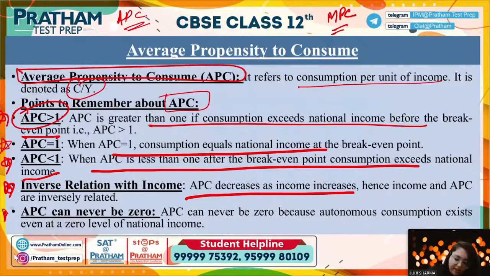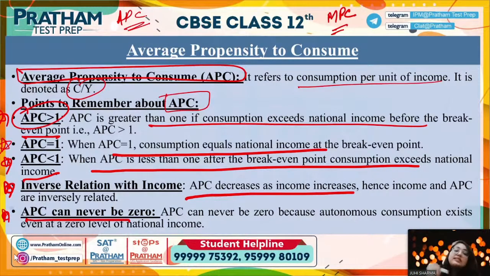Now moving further, we have that APC can never be 0. Why? This is something which I have been telling you since the session started, that APC can never be 0 because we always have some sort of autonomous consumption, right?